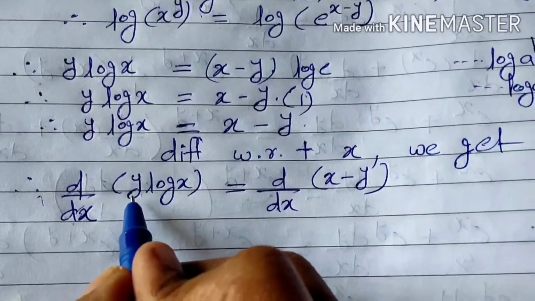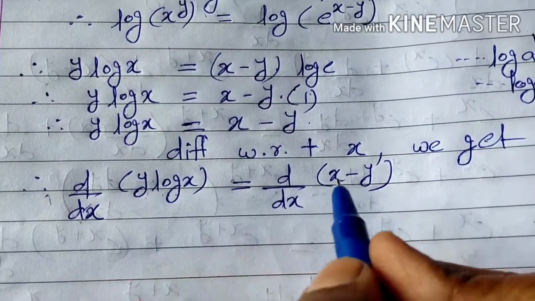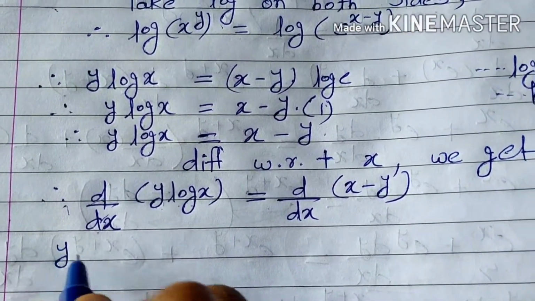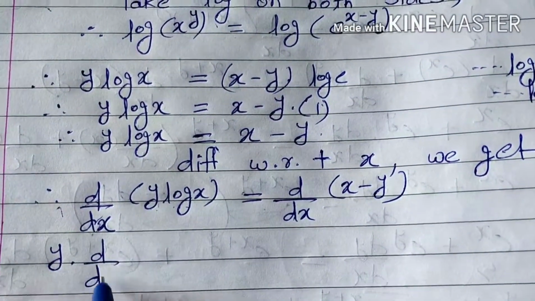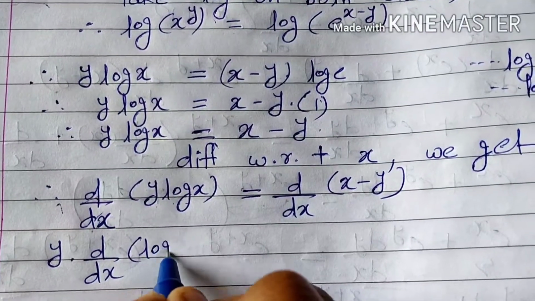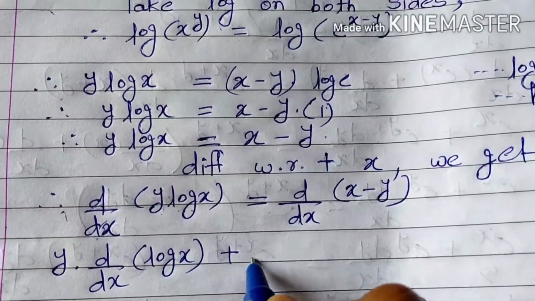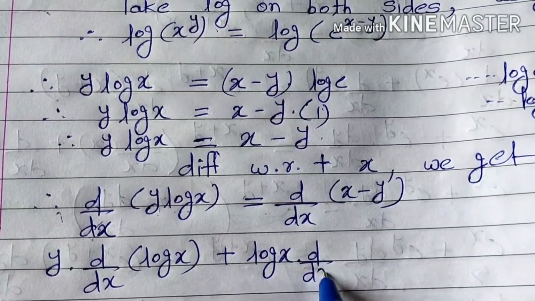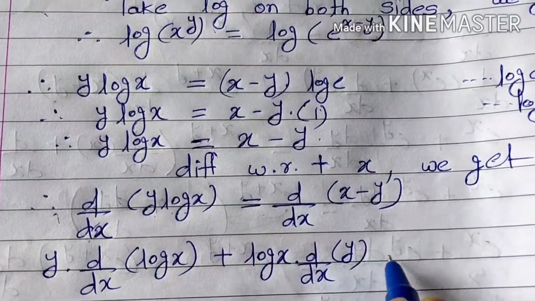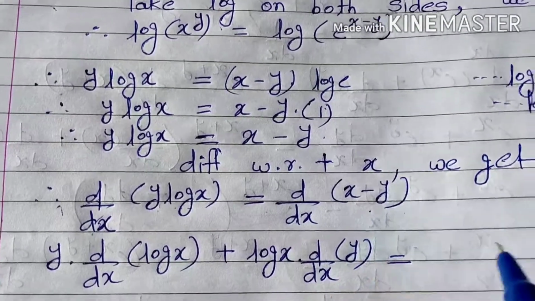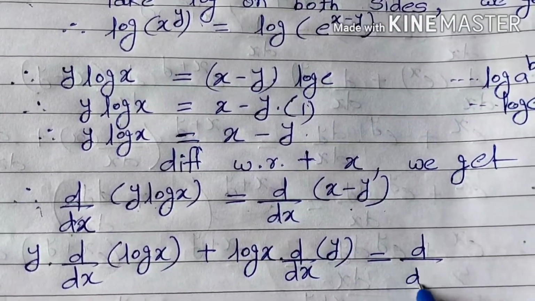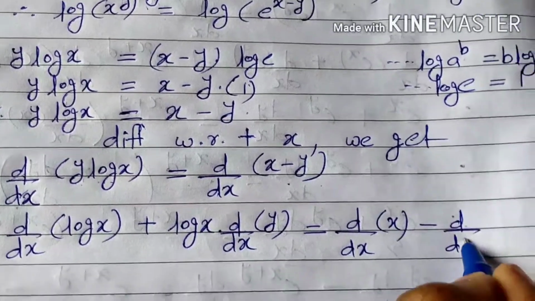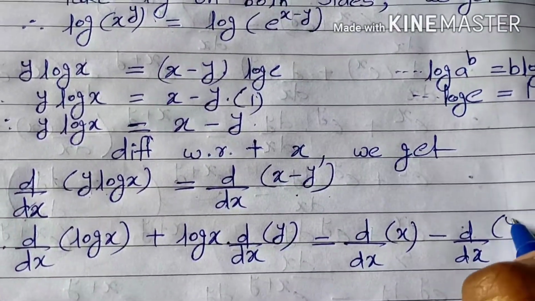Now it is a product, so use the product rule. First write y as it is, derivative of log x, plus log x as it is, derivative of y, is equal to, use the sum rule, derivative of x minus derivative of y.